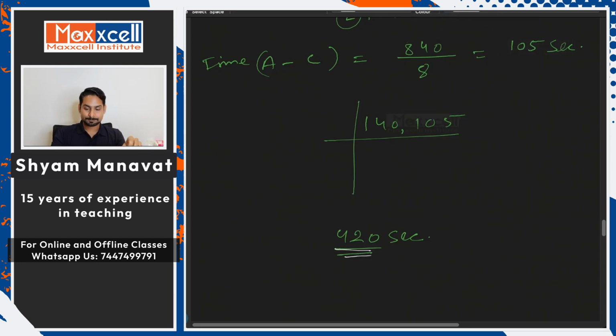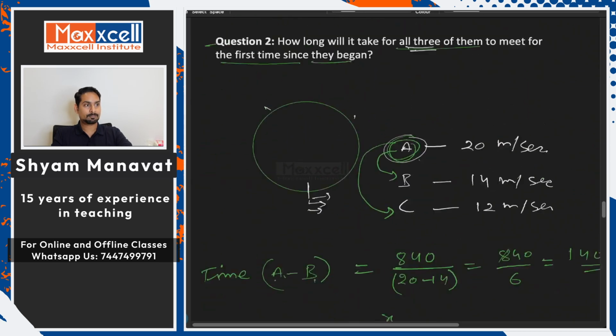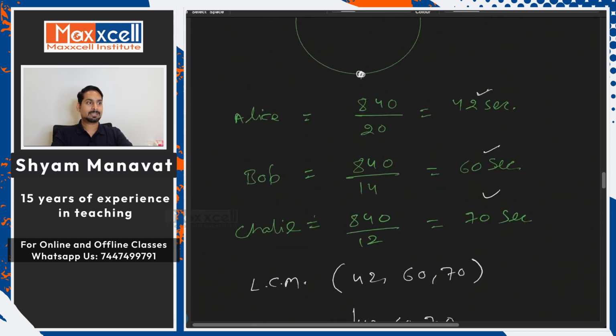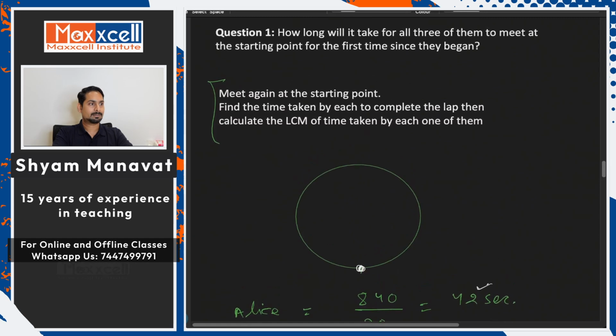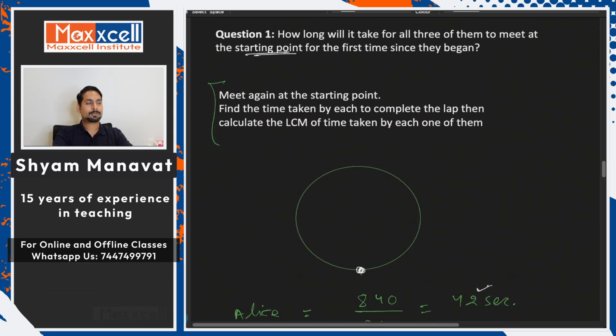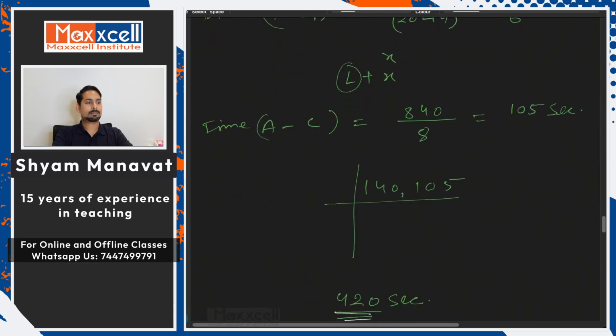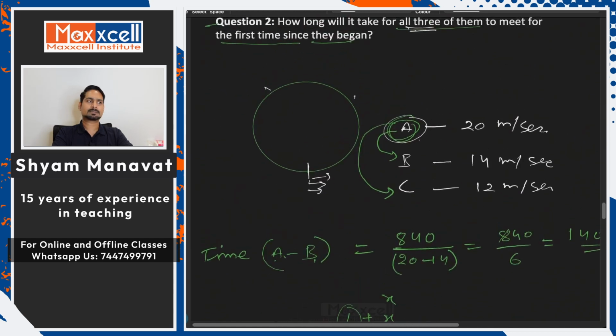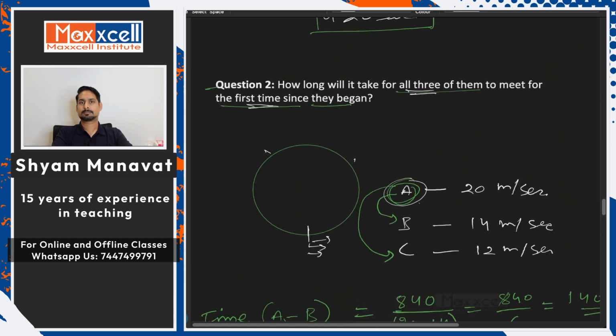Am I making sense? The previous 420 is the time when they meet for the first time at the starting point. Here we are calculating the time when they just meet for the first time, maybe at the starting point, maybe not, but they meet for the first time, right?